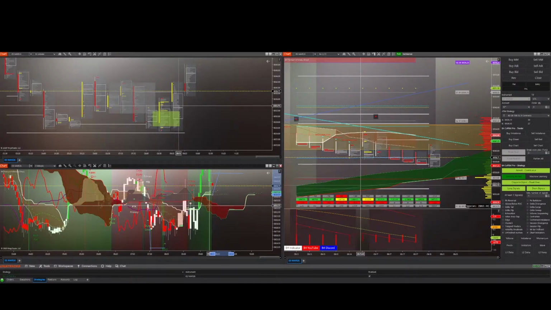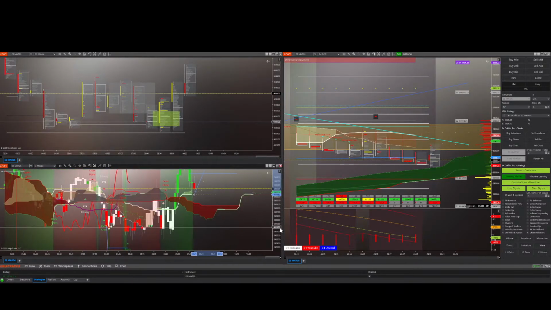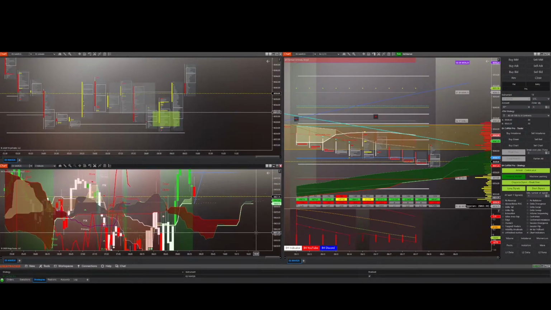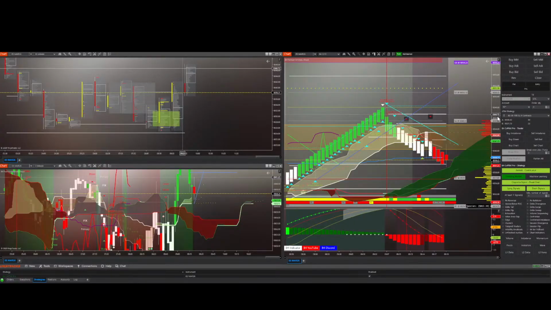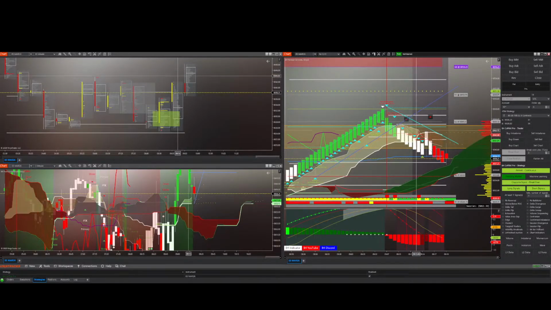And remember, your Kijun-sen and Tenkan-sen are your dynamic support and resistance. Over here, we don't have that bottom wedge line. It's wedged here.